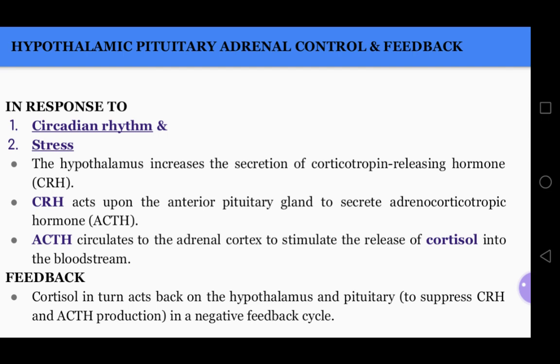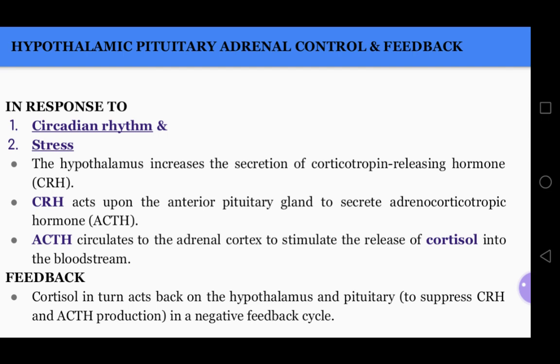Now coming to the hypothalamic pituitary adrenal control and feedback system. In response to circadian rhythm or stress, the hypothalamus increases the secretion of corticotropin releasing hormone, which is CRH.